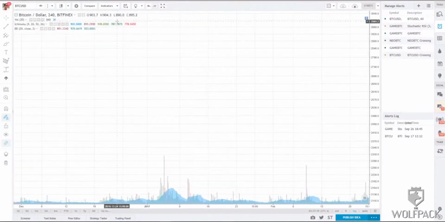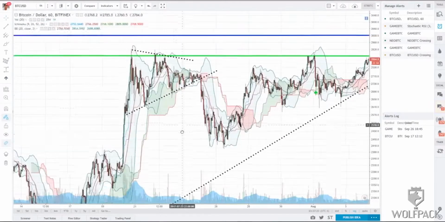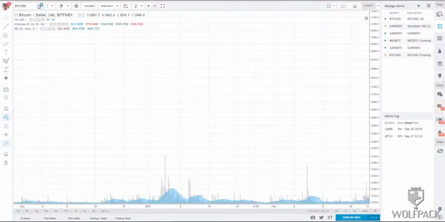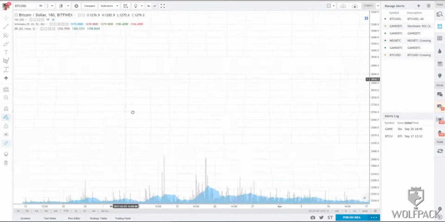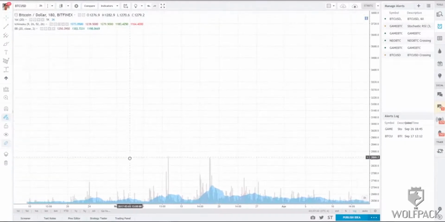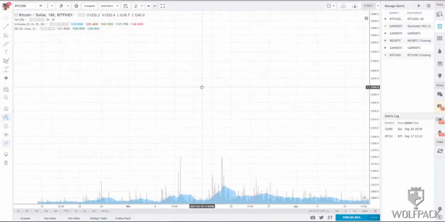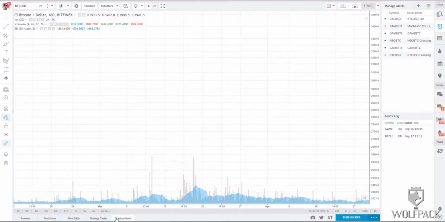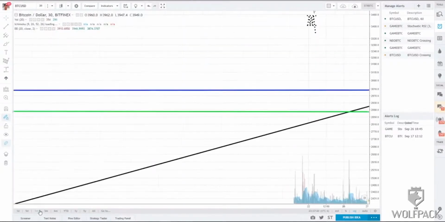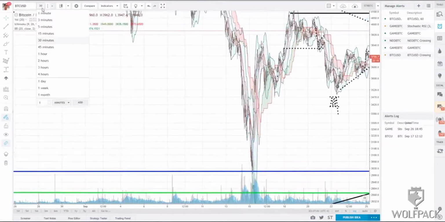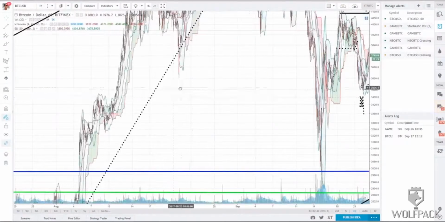Way to go, TradingView. I hate this right now. Come on. There we go, 30-minute, awesome. Alright, I'm just going to stick to the 1 hour.